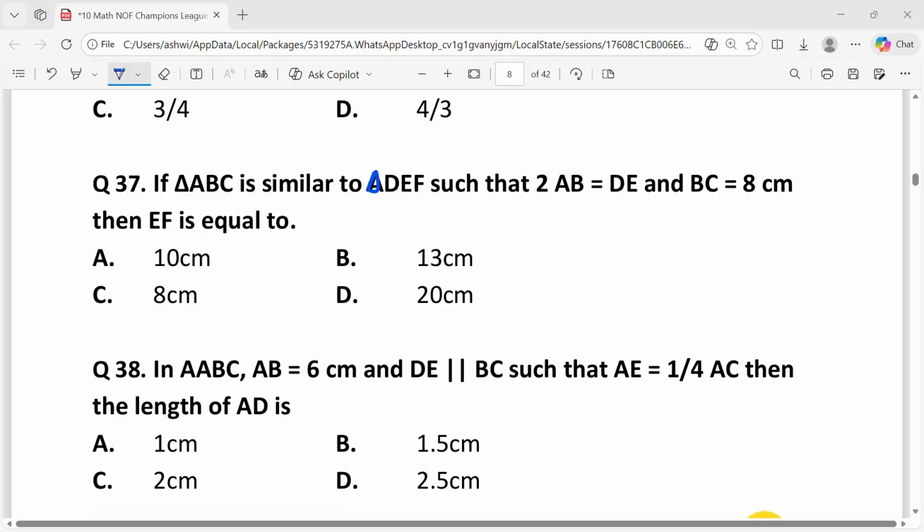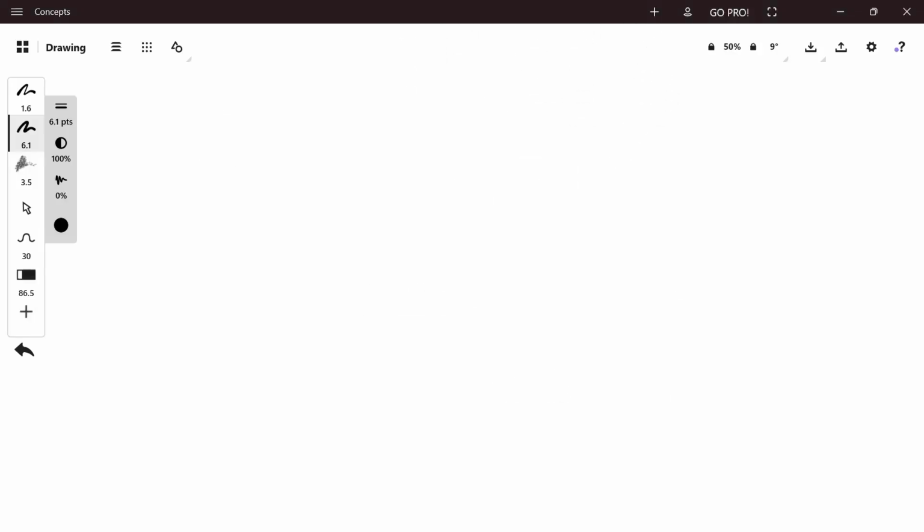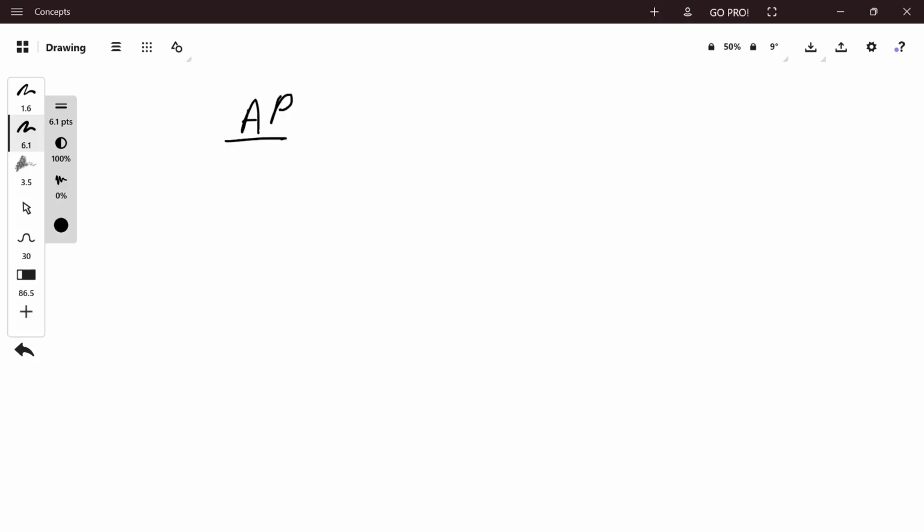If triangle ABC is similar to triangle DEF such that AB is equal to DE and BC is equal to 8 centimeter, then EF is equal to. Since triangle ABC is similar to triangle DEF, their corresponding sides are in proportion: AB upon DE is equal to BC upon EF is equal to AC upon DF.